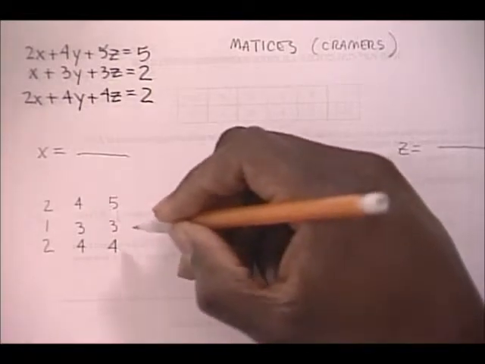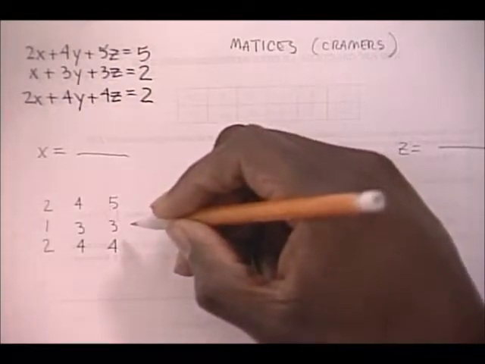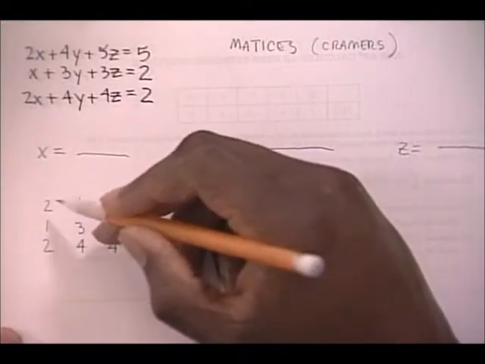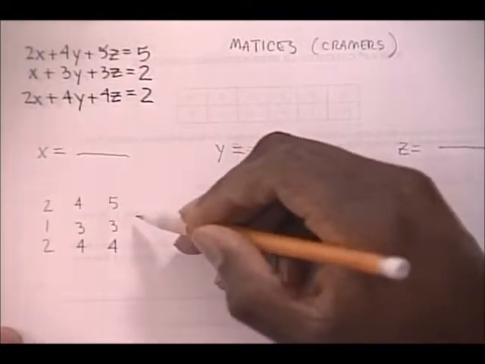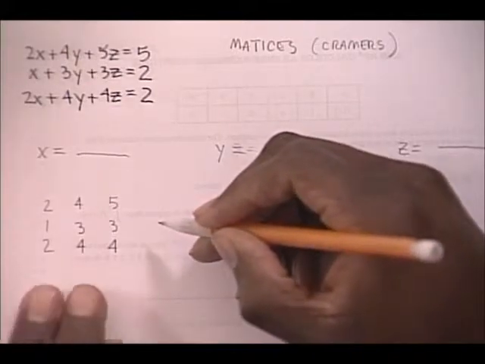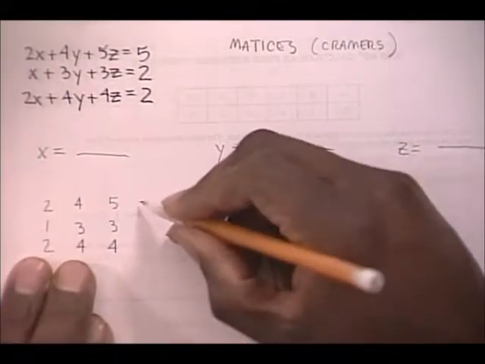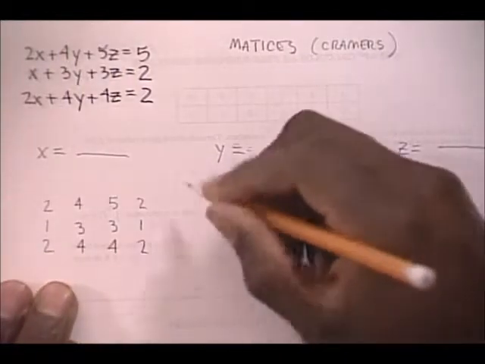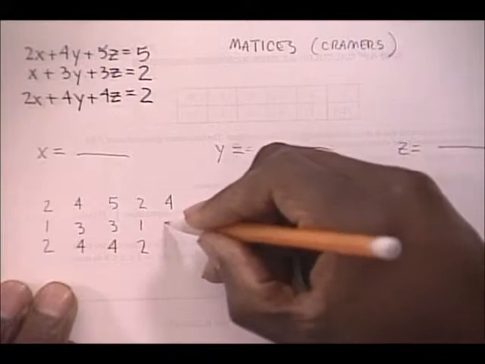Now we are going to find what's called the determinant of this matrix. To do that, we rewrite these two columns right after this third column, so we get 2, 1, 2 and 4, 3, 4.